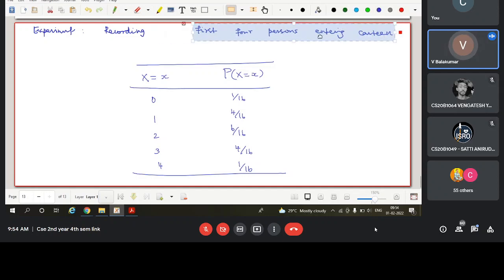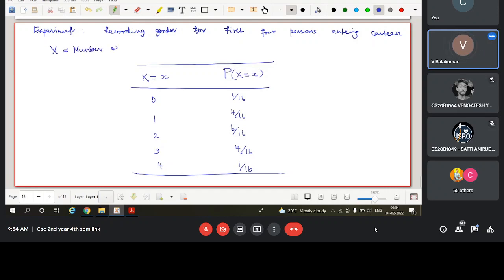It is our experiment, so we are going to define properly recording gender for the first 4 persons entering the canteen. Also I should define what my capital X is. I just want the number of boys.